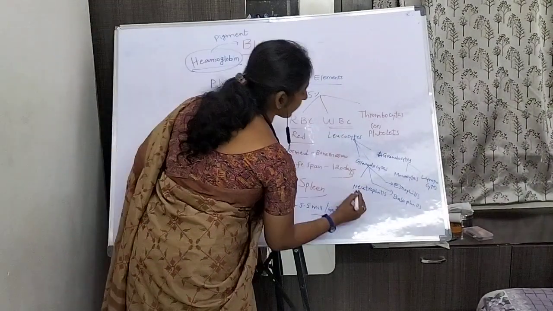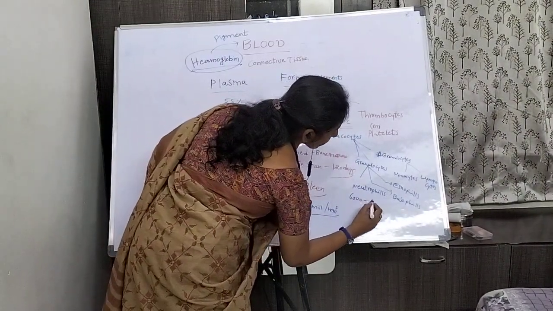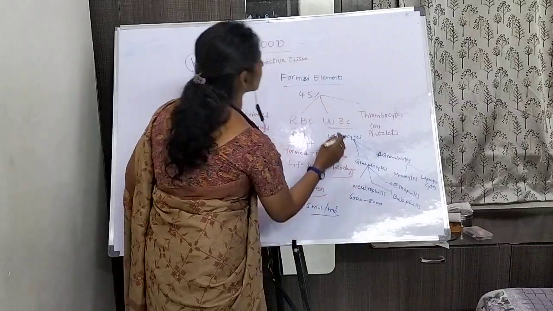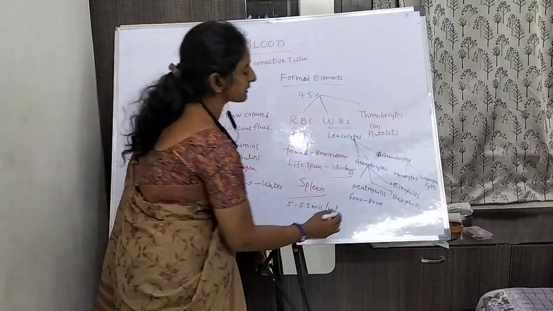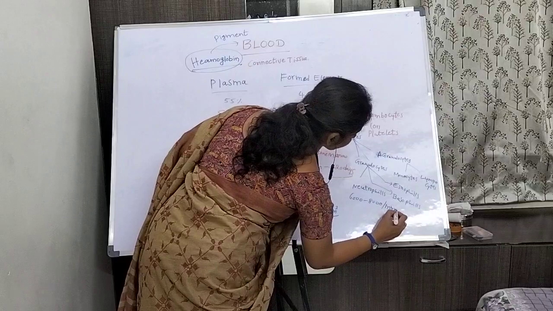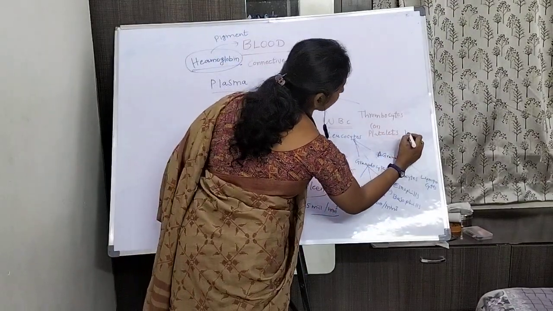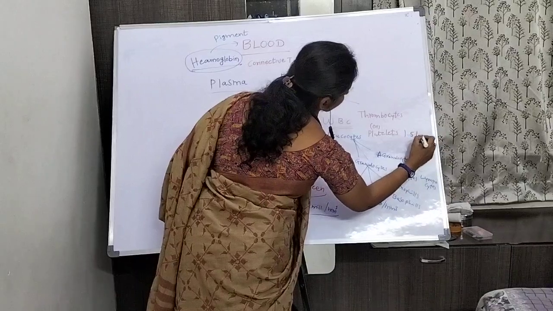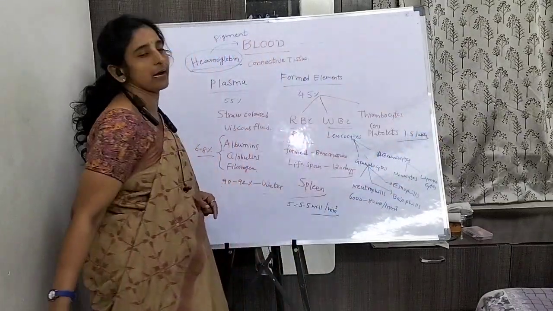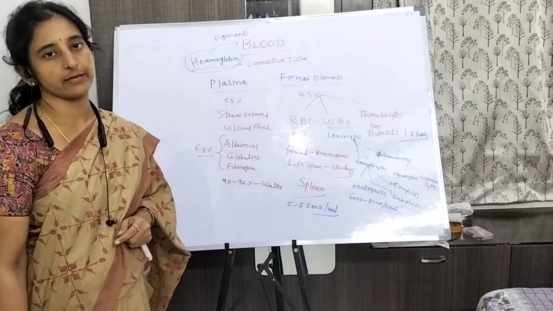There are 6,000 to 8,000 white blood cells per cubic millimeter. Thrombocytes are 1 to 1.5 lakh per cubic millimeter.